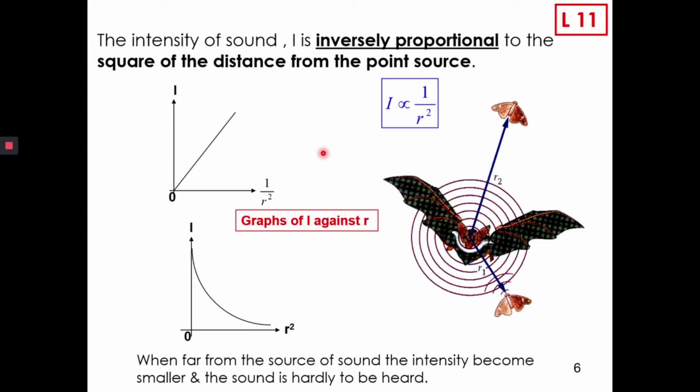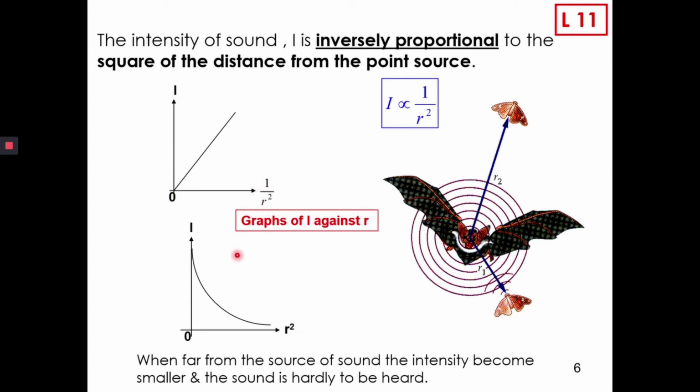If we want to sketch the graph of intensity against 1 over r squared, it is a straight line graph, which shows that intensity is inversely proportional to r squared.